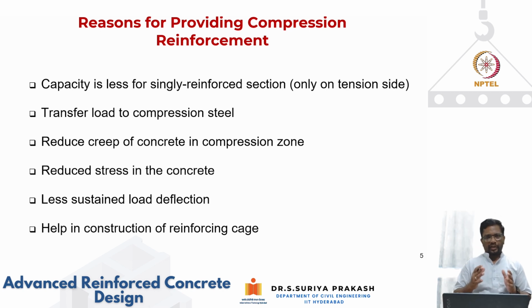Most of the time you would have seen that beams have steel on the compression side as well as on the tension side. The reason is that, for various architectural requirements, the size of the beams will be limited. Again, we studied in the first part of the module that the cost of formwork in cast in place concrete construction is quite high.